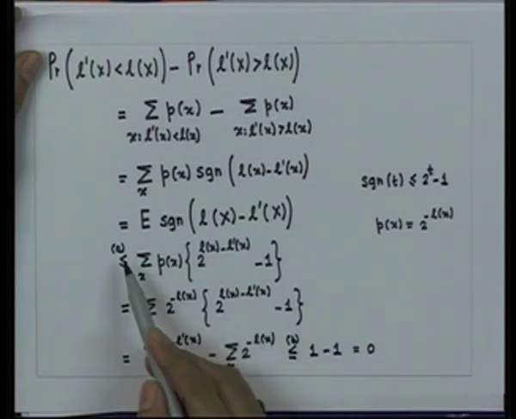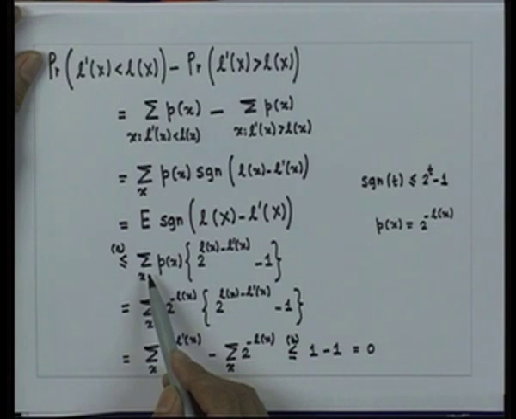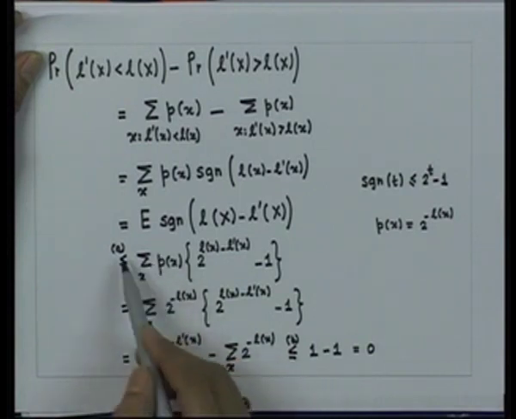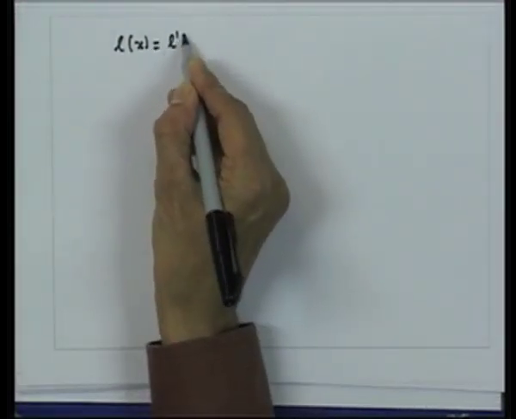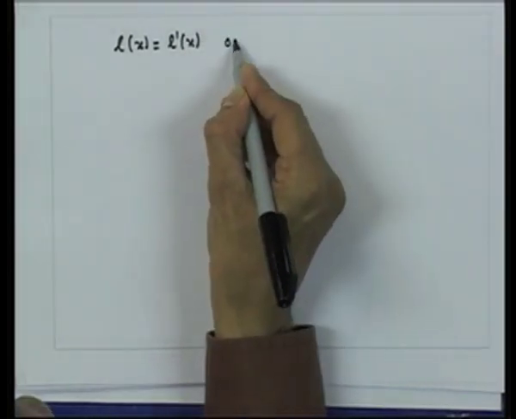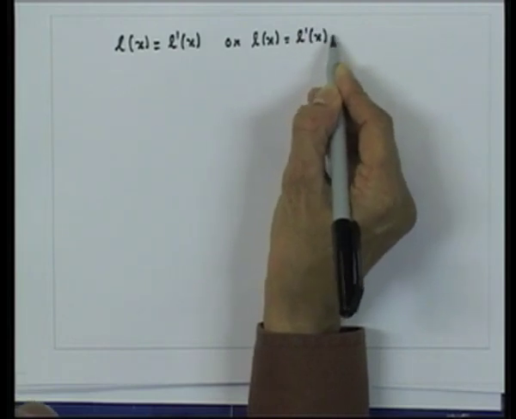Now, we have an equality in the above chain here at A and B. So, if we have equality in the bound for signum, which occurs only for t equal to 0 or 1 in this case, then if we want to have equality out here, what it means is that Lx is equal to L dash x or Lx is equal to L dash x plus 1.